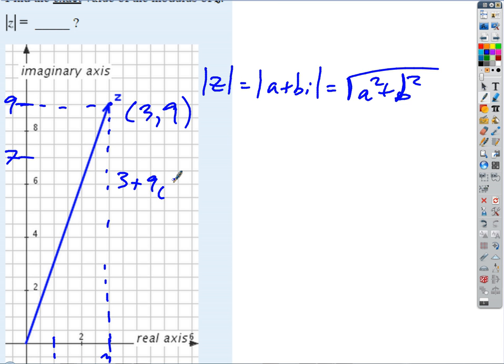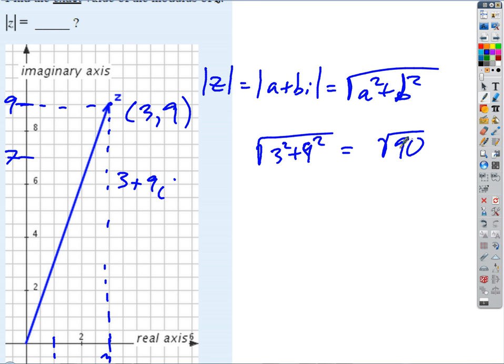What's a and what's b? 3 is a, 9 is b. So the answer is just the square root of 3 squared plus 9 squared. So square root of, what is that? 81 plus 9, so 90. Square root of 90. If it wants the exact answer, I could simplify that a little bit.